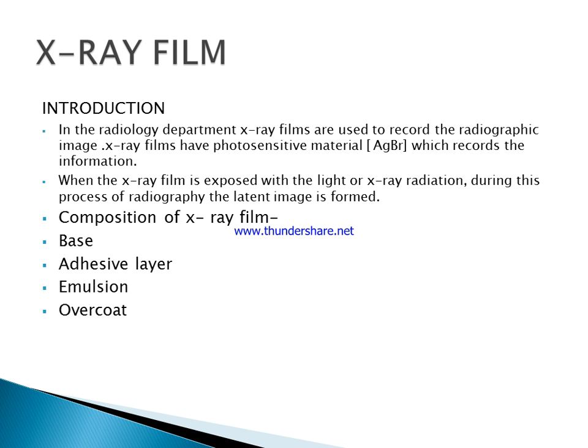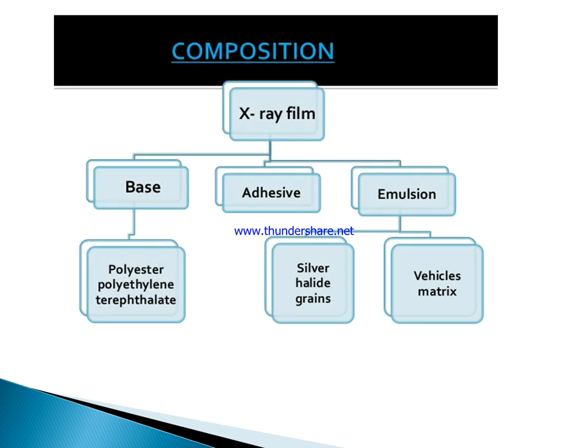When X-ray film is exposed to light or X-ray radiation, a latent image is formed. Film is mainly made up of a base, adhesive layer, emulsion layer and supercoat. These are also called the layers, or composition, or construction of the X-ray film.